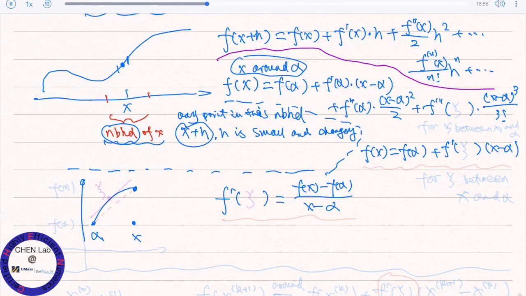Right? So this guy is the same as that guy. You see that? I'm just rewriting it. I move f of alpha to the left and divide both sides by x minus alpha.